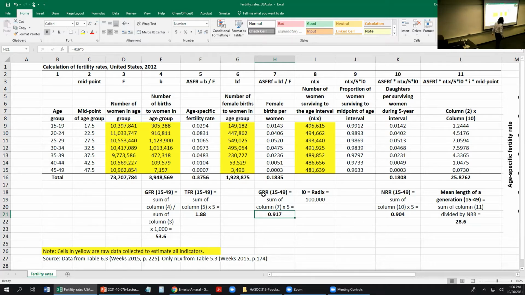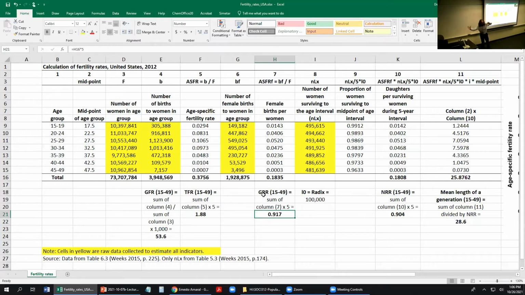And the mean length of a generation, the average age in which women are having children, you get column 2 and multiply by column 10. You get the midpoint, multiply by the chance that they're having these kids, because what's the assumption of this formula here for the mean length of a generation? That women are exposed to these chances of having children in a similar way throughout this age interval.